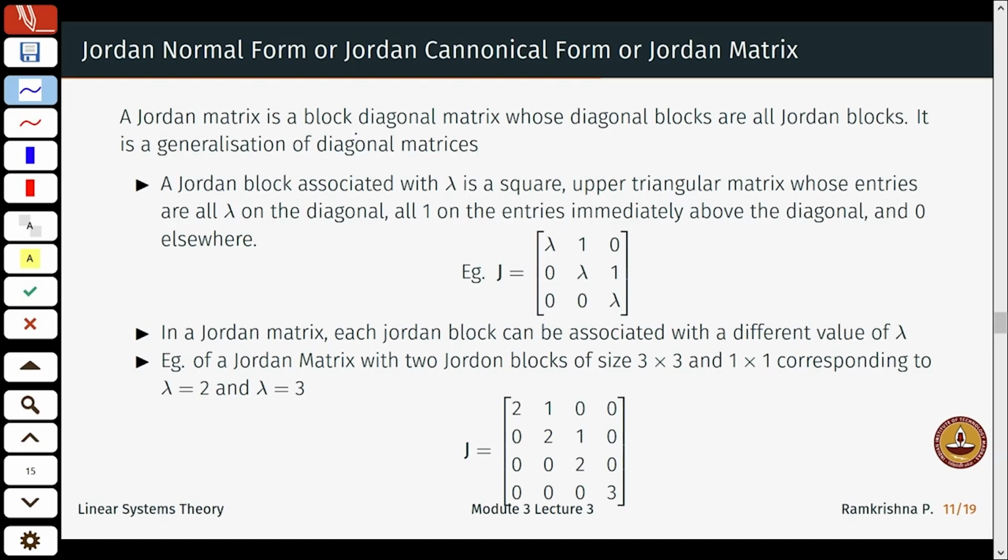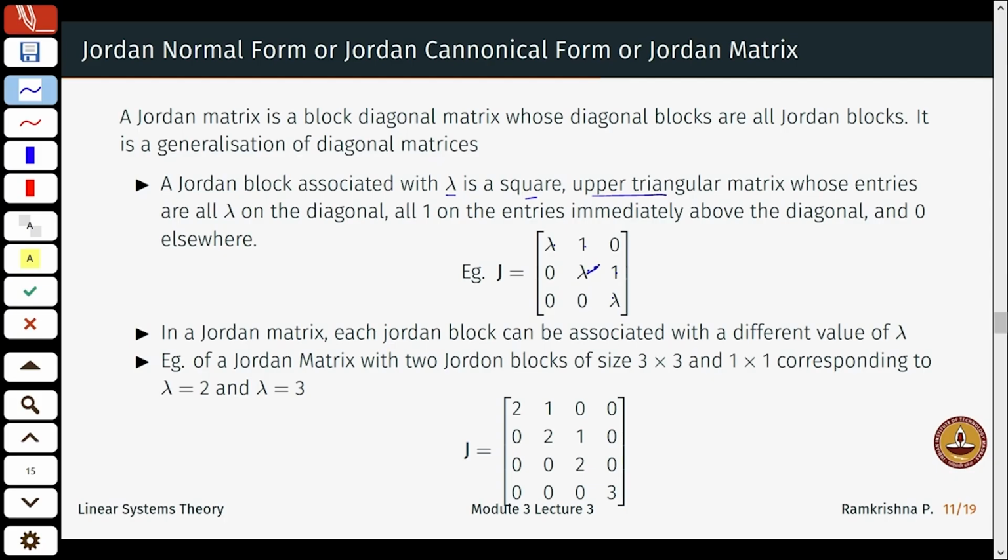So, a Jordan matrix is a block diagonal matrix whose diagonal blocks are all Jordan blocks. Okay, what is a Jordan block? Let us say I have an eigenvalue lambda. The Jordan block associated with lambda is always a square upper triangular matrix whose entries are all lambda on the diagonal, and there will be the entries 1 immediately above the diagonal.